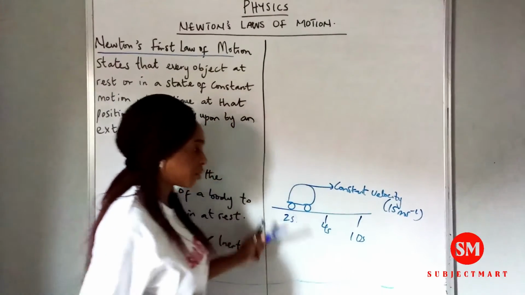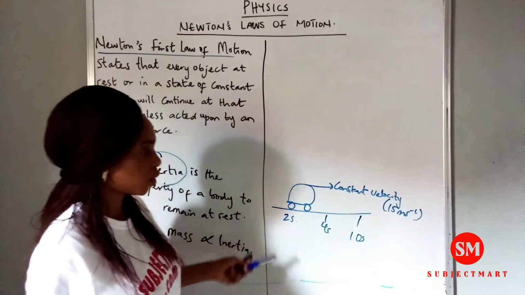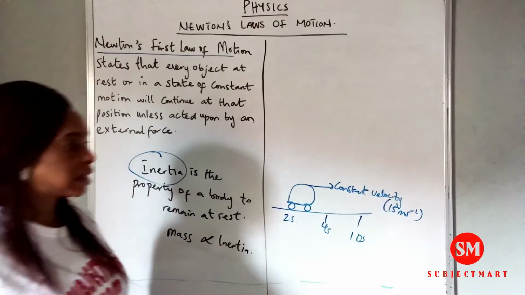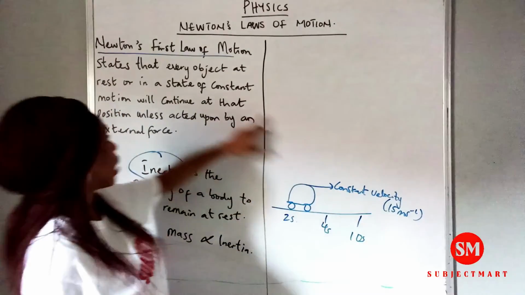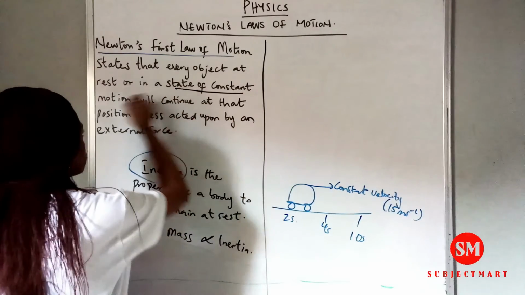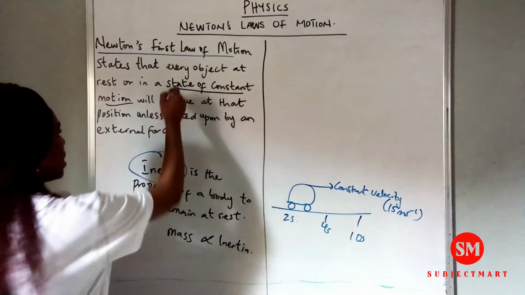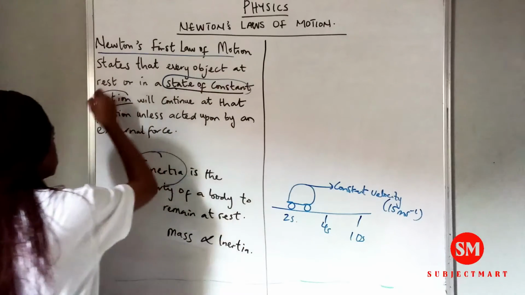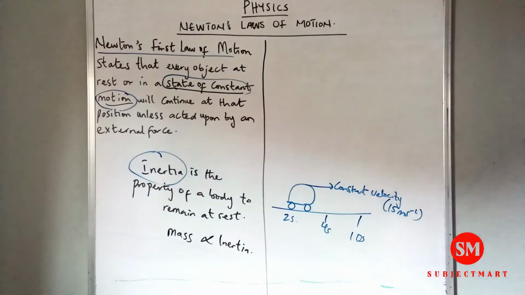When it's accelerating, the same thing is applicable. So a body either at rest or at a state of constant motion will maintain that position unless we have external forces acting on such body.